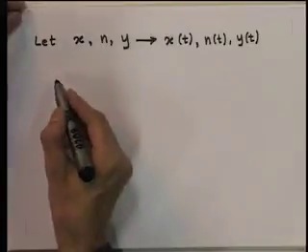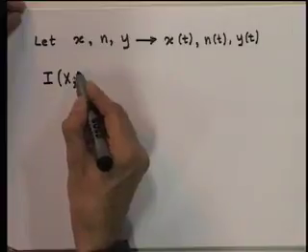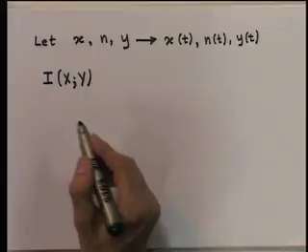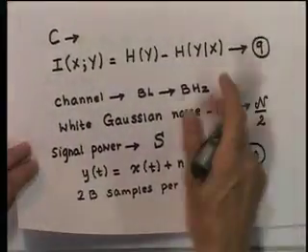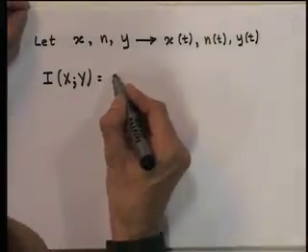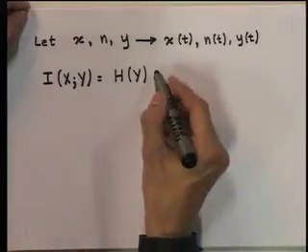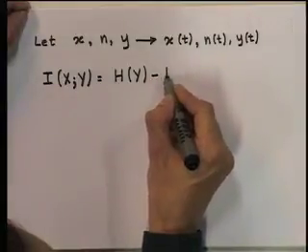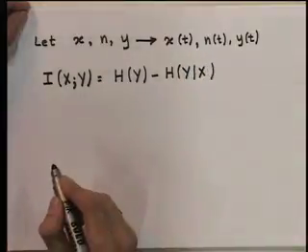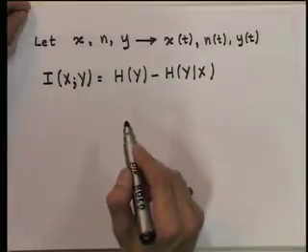Now, the information I(x;y) transmitted per sample is given by equation 9, which is rewritten here as I(x;y) is equal to h(y) minus h(y given x). We shall now find h(y given x).